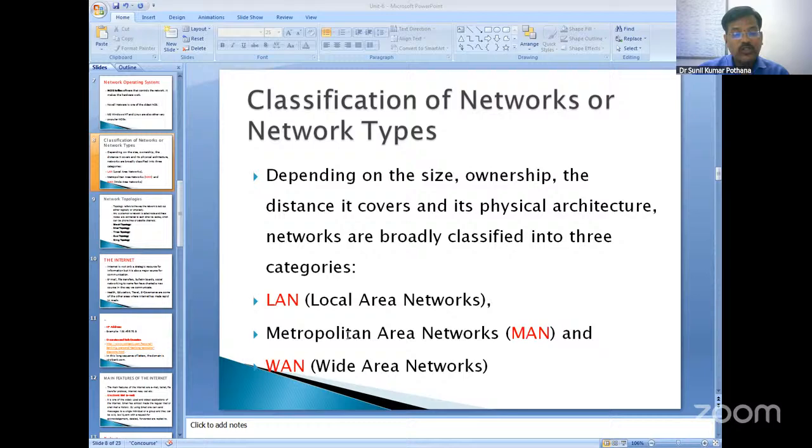Usually, the geographic area or region is larger than the area covered by a local area network, but smaller than the area covered by a wide area network.